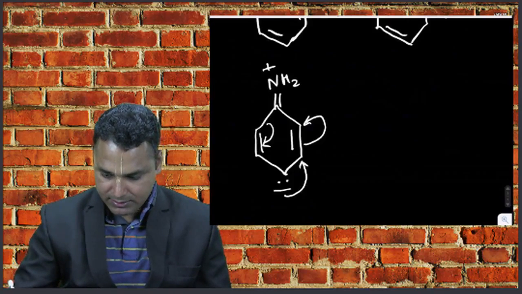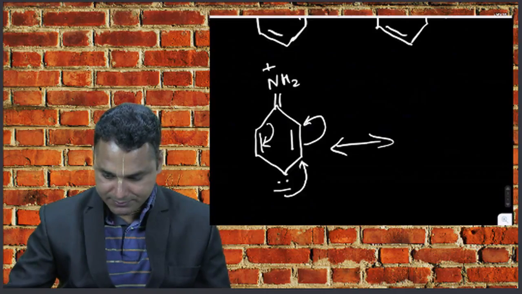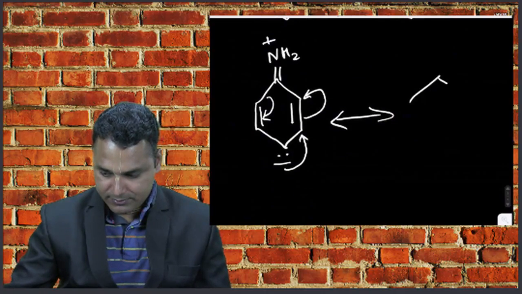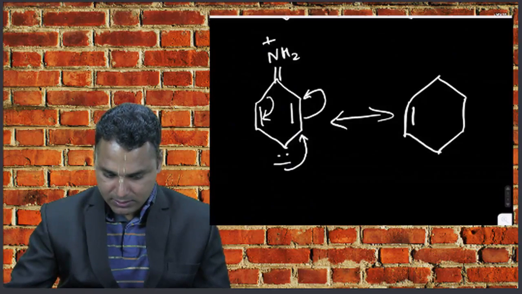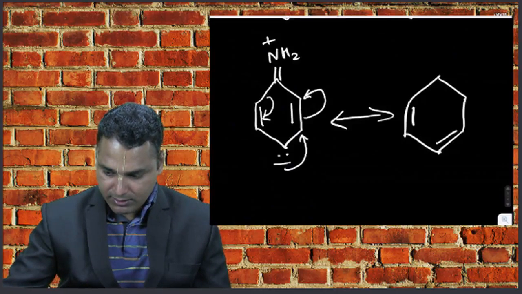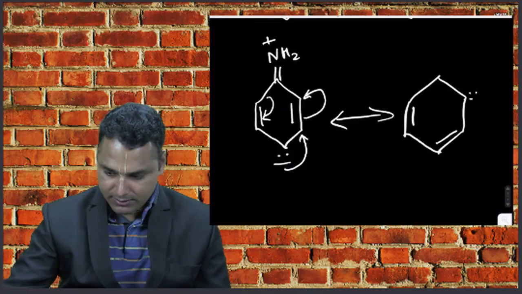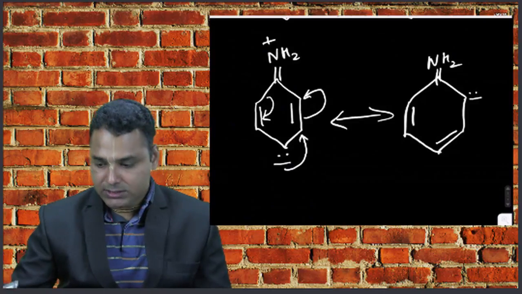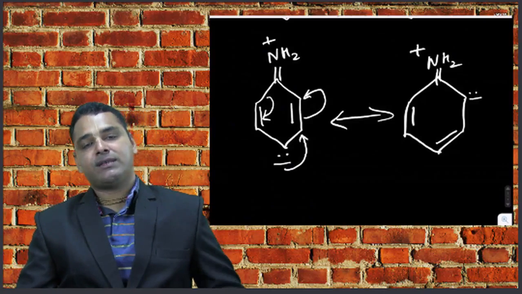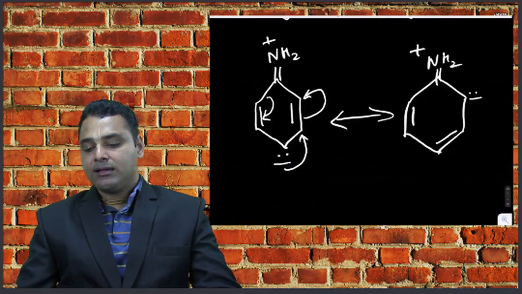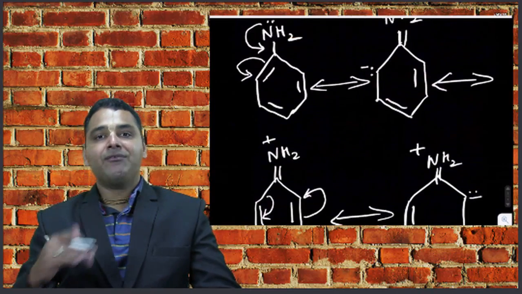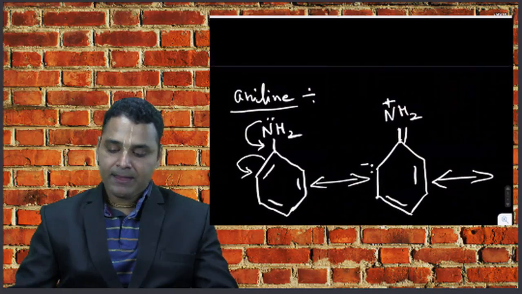That we'll see with the help of a resonance diagram again. Now this double bond has shifted here, and now the lone pair of electrons are there, and the rest is the same. So this is called the plus R resonance effect. Plus R means the electrons are shifting away from the substituent group, which we have seen is NH2.